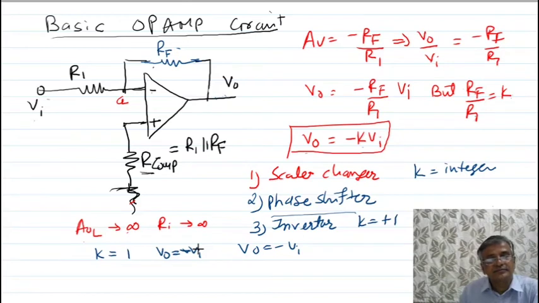So this circuit can work as an inverter, means the output is an inverse of the input signal. So that circuit is called an inverter.